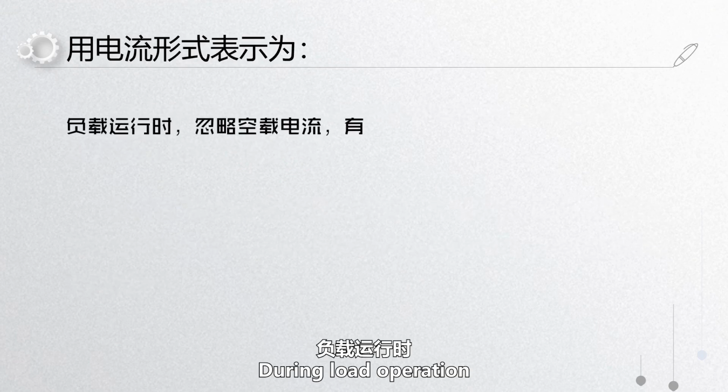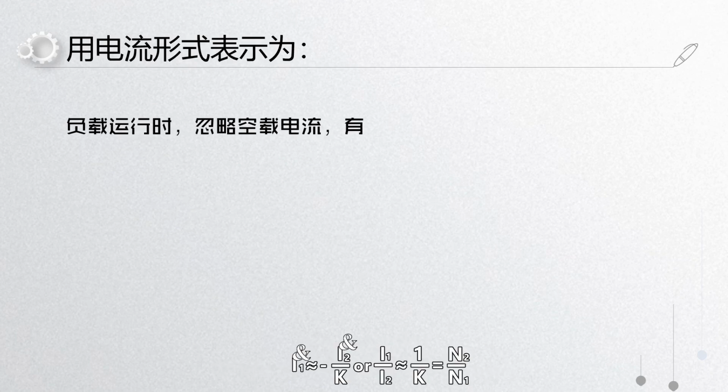During load operation, neglecting the no-load current, I1 approximately equals minus I2 divided by K, or I1 divided by I2 approximately equals 1 divided by K, which equals N2 divided by N1.